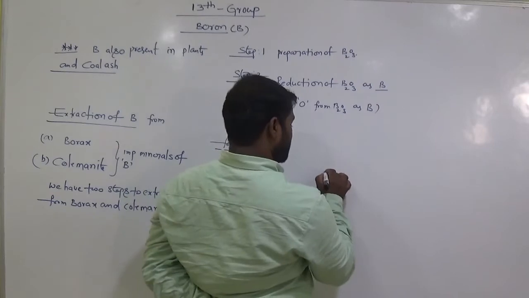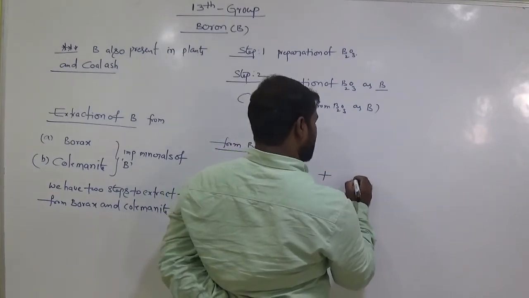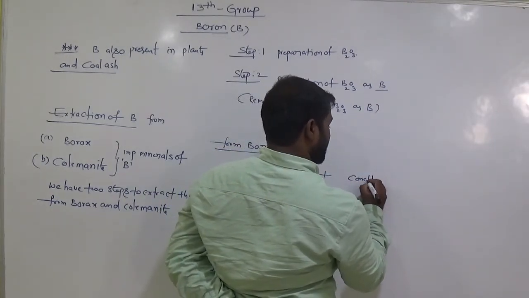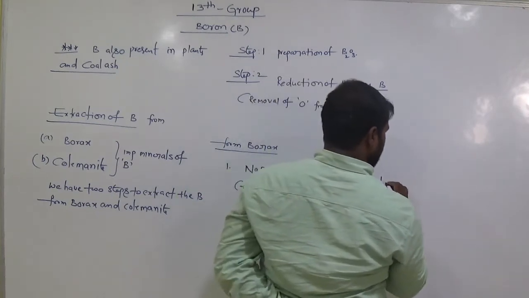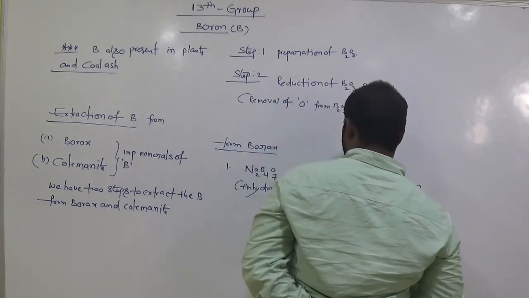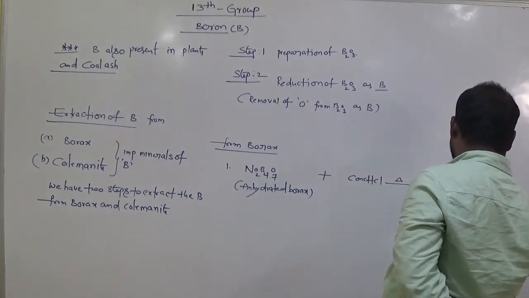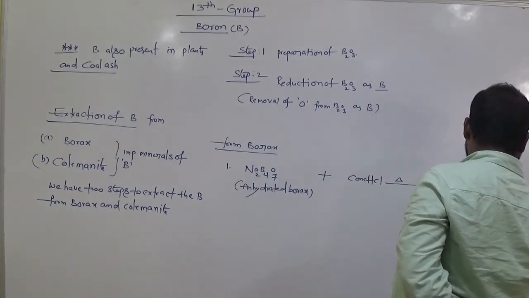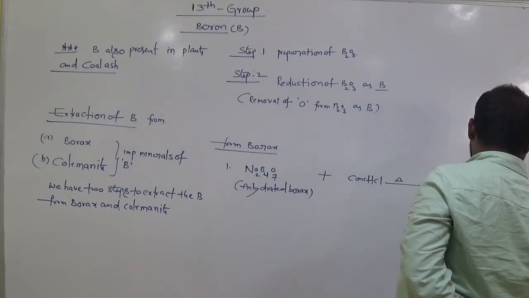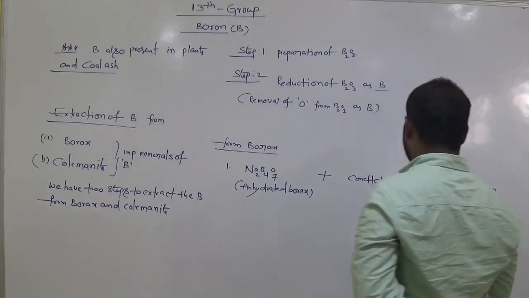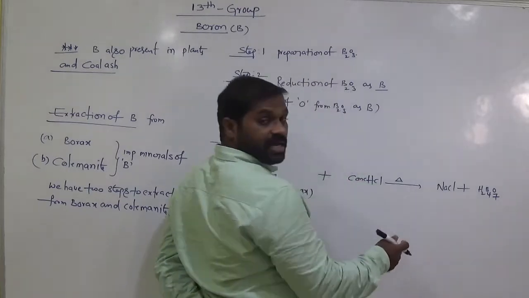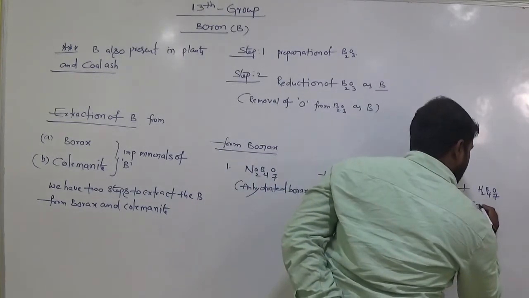It is treated with concentrated HCl, hydrochloric acid, and undergoes heating. It produces sodium chloride and H2B4O7. Okay, this is the equation. Here it is called tetraboric acid.